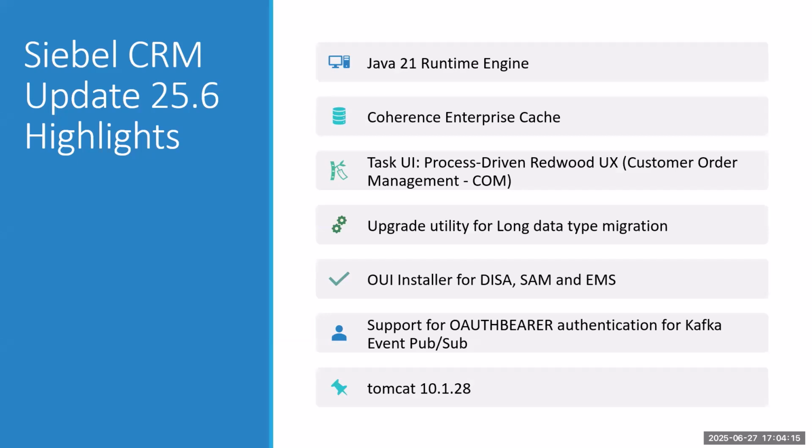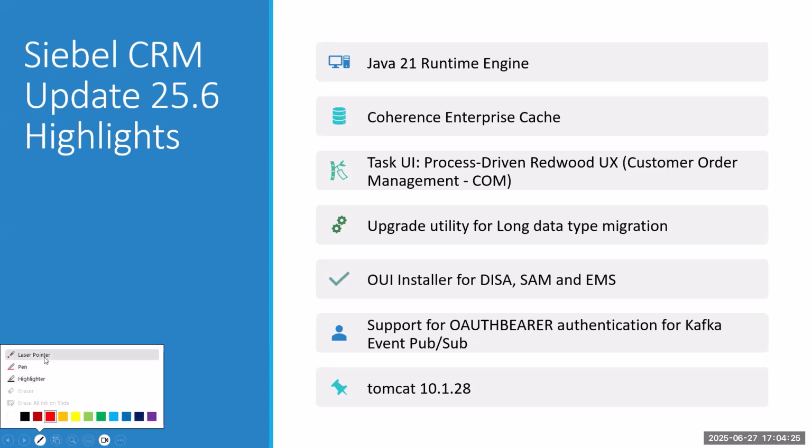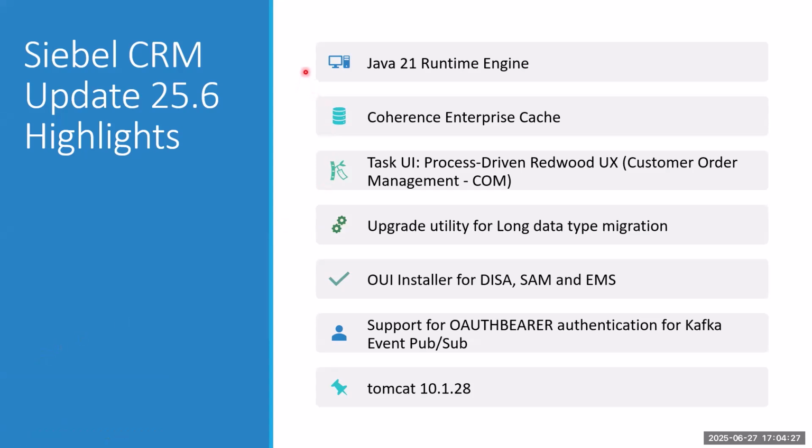So here's the list of all the features and highlights from 25.6. So it's really quite a lot. So let's check it out here. We have the Java 21 migration, so bye-bye Java 8 or JRE 8, hello JRE 21.